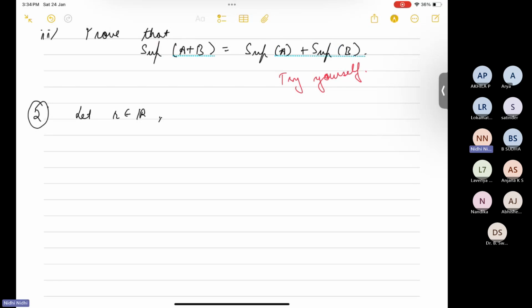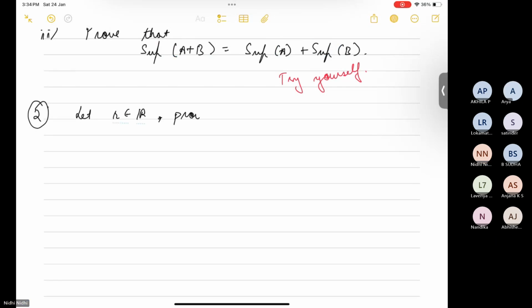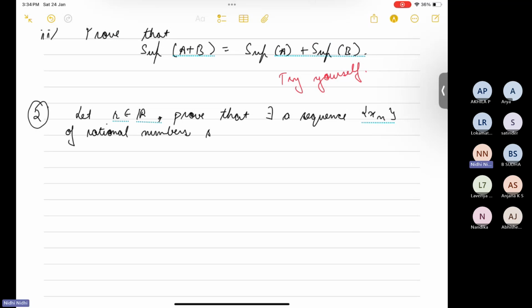Prove that there exists a sequence xn of rational numbers such that limit n tending to infinity xn is equal to r.